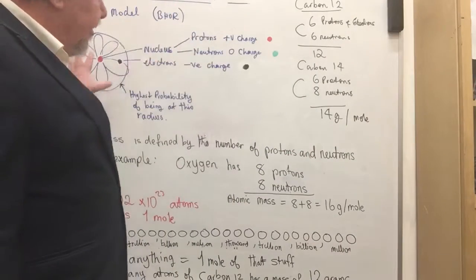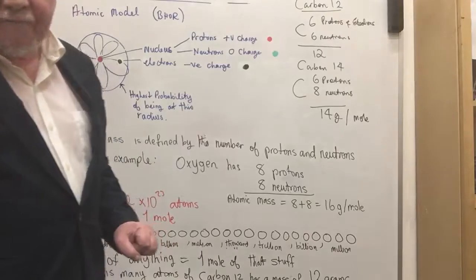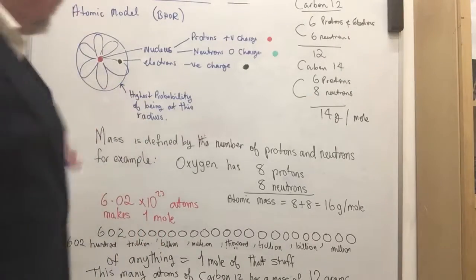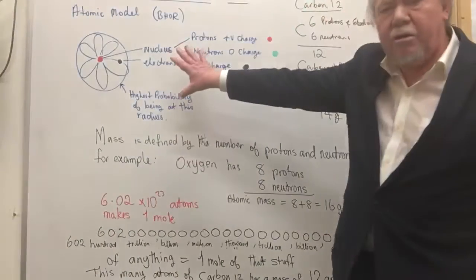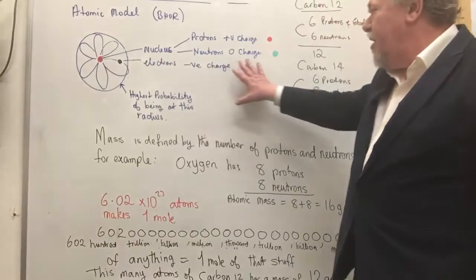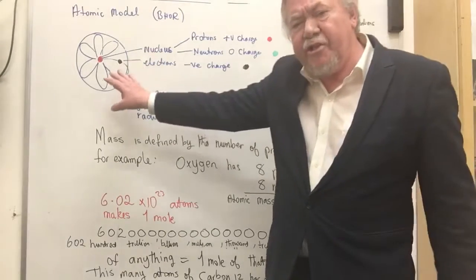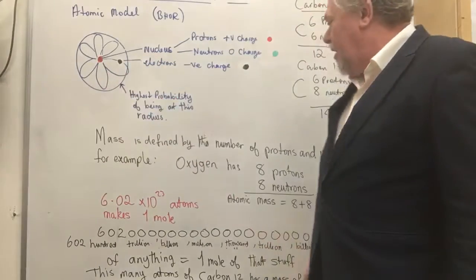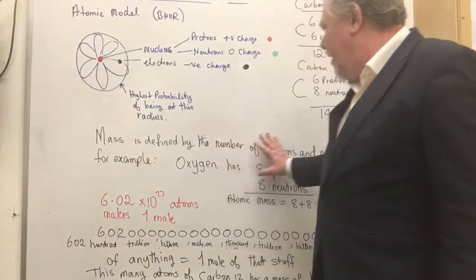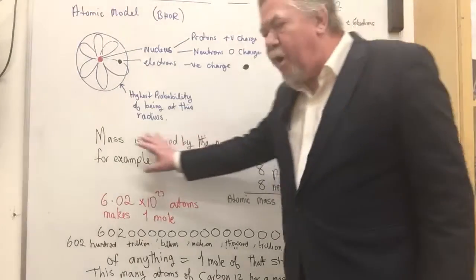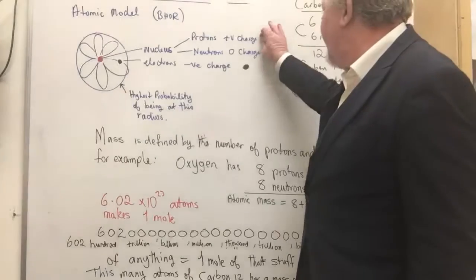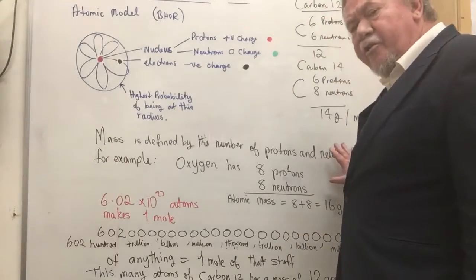So here is the model of the atom. The bulk of the atom resides in the nucleus. We know that mass is defined by the number of protons and neutrons in the nucleus.